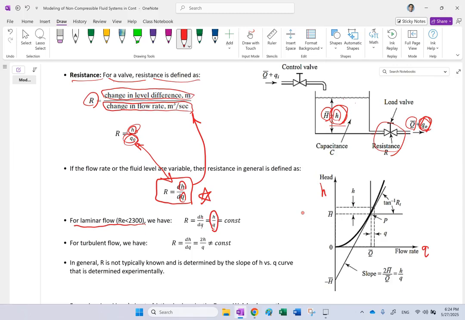So if you look at it in that region, you can approximate it by a line and say that the slope of it is a constant slope. But if the flow is turbulent, then R, which is dH over dQ, you can show that it's going to be 2H over Q at any point. At any point H and Q, it's going to be 2H over Q, and that is not going to be constant.